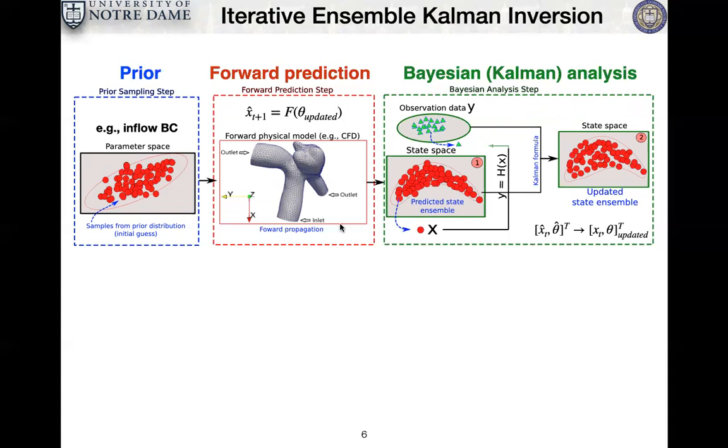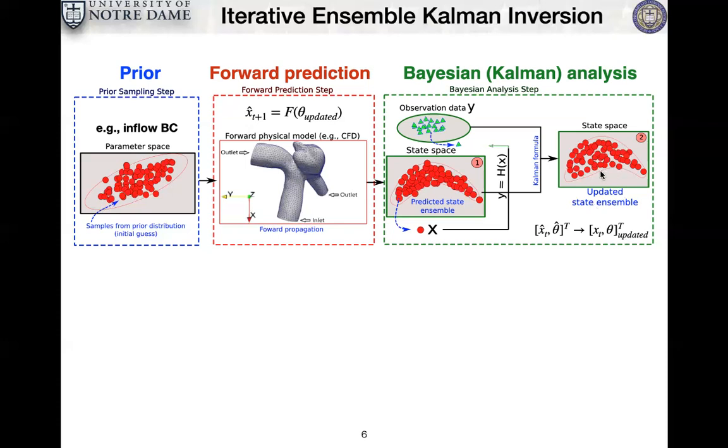So the actual steps are, first of all, we have an initial guess of the prior, and then we propagate it through the forward prediction model. Then using the Kalman update, we can get the updated ensemble posterior.